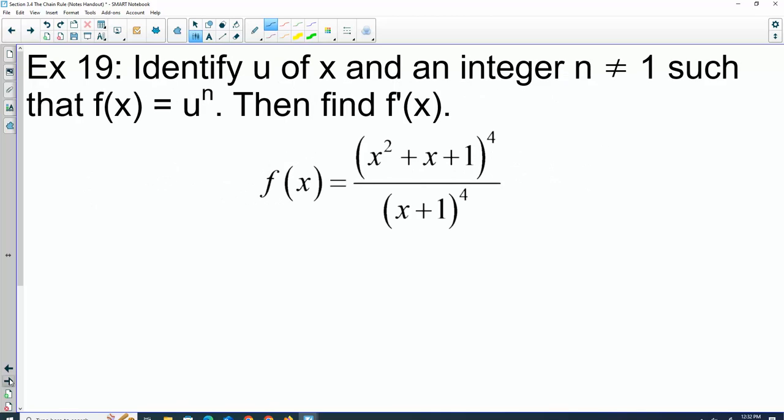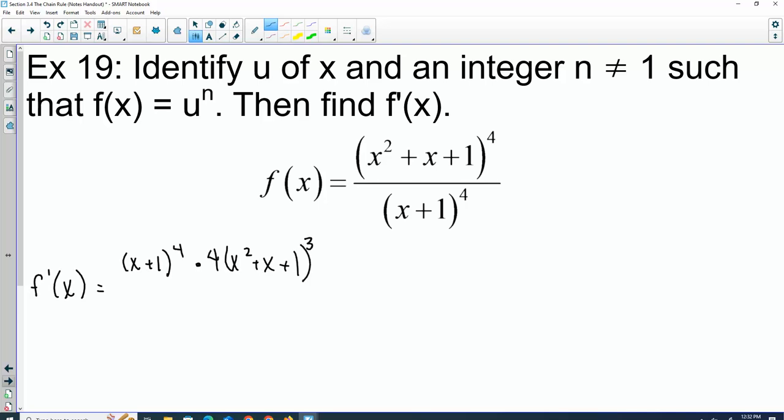Last one. So, what do we have to do here? Oh, we're gonna have to divide. Quotient rule. Low. D high, derivative of the top. So the 4 comes down, inside stays the same.